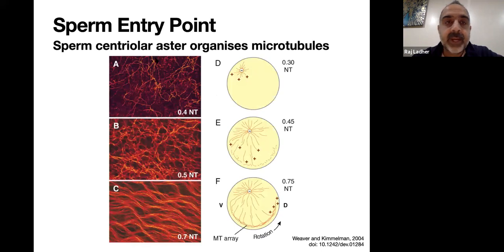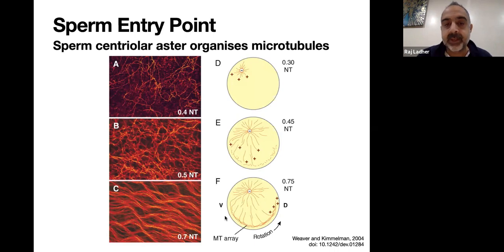So what happens is that when the sperm enters, the sperm aster organizes a new set of microtubules, and this tubular skeleton is particularly prominent in the cortex of the embryo here. And what happens then is that the cortex rotates in relation to the core of the embryo.